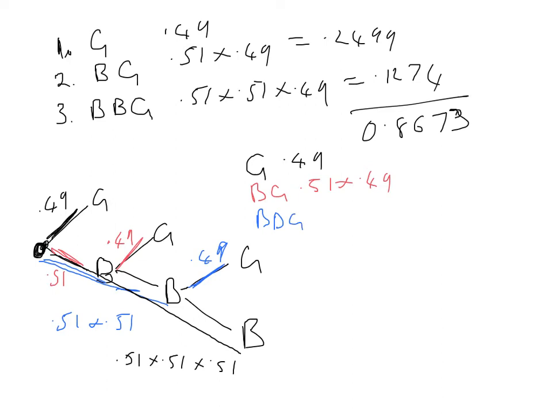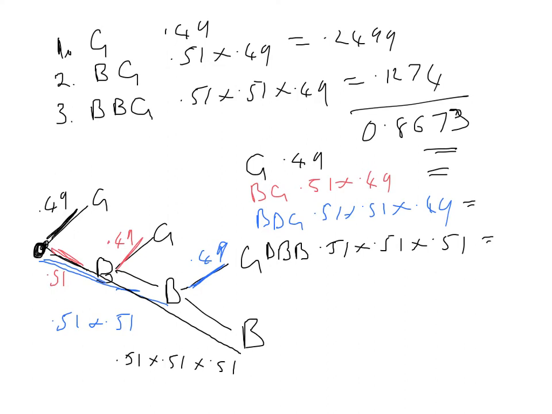So what we've got there, that'll be 0.51 times 0.51 times 0.49. Oh, this is getting good. And what about that last one? Well, that'll be boy, boy, boy. So that'll be 0.51 times 0.51 times 0.51. Oh, that's great. And look, if you calculate all these probabilities, I'm not going to do it, I'm going to get you to do it, and you sum them, they'll equal 1.